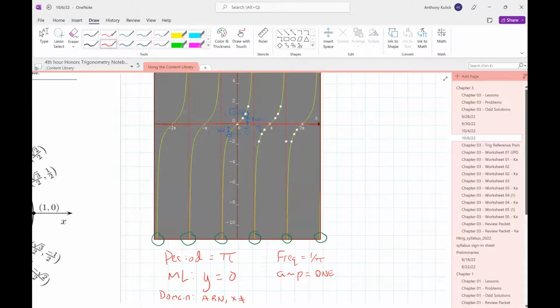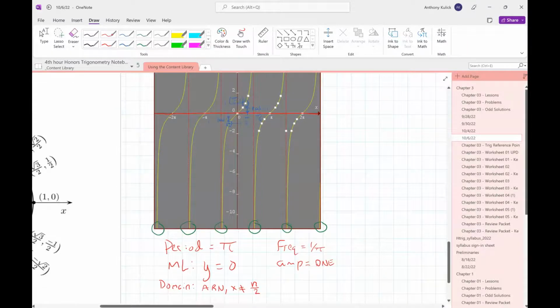So pi over 2 times n, where n is, what does n have to be? Odd, right? 1 pi over 2, 3 pi over 2, 5 pi over 2, negative 1 pi over 2, negative 3 pi over 2, negative 5 pi over 2.